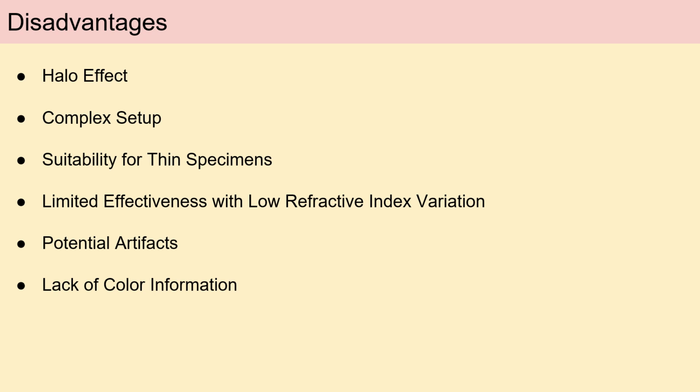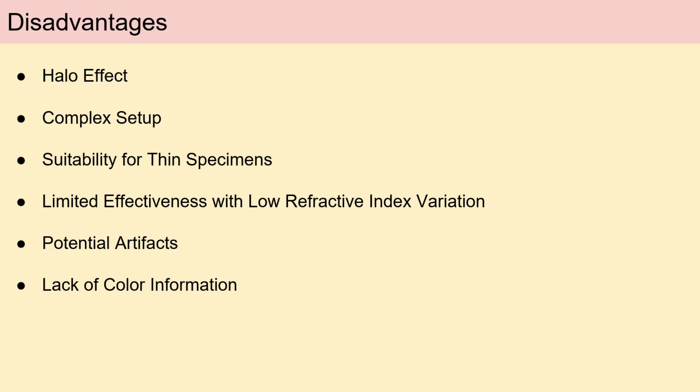Disadvantages. Despite its many advantages, phase contrast microscopy has several disadvantages that limit its use in certain applications. One of the primary drawbacks is the halo effect, which can produce bright halos around the structures in the specimen.